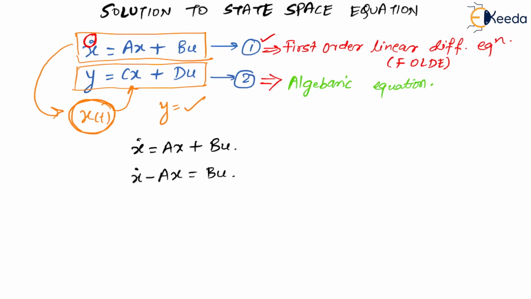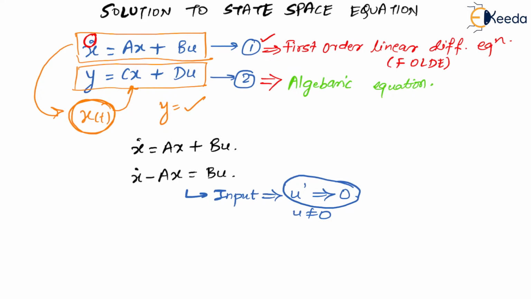Let me take the first case wherein I will keep the input, that is u, as 0. And the other case, in which u will not be equal to 0, we are not going to see for the time being. Right now we will focus on the case when u is equal to 0.